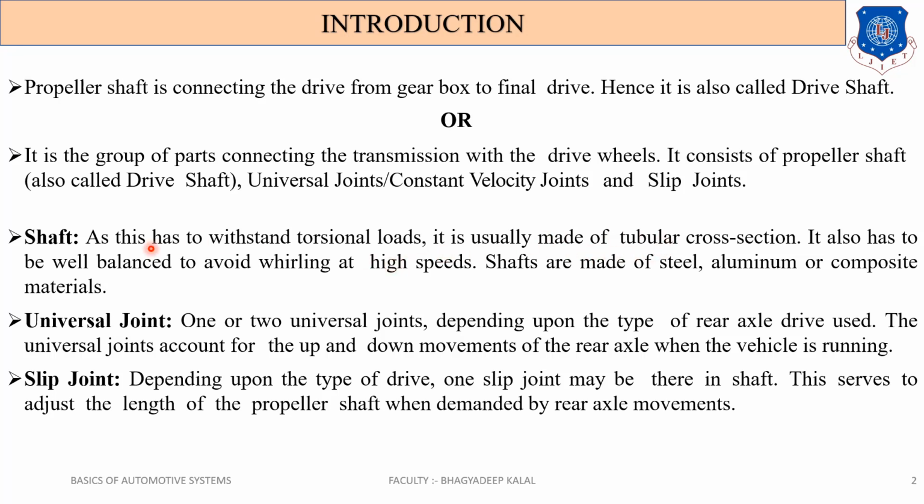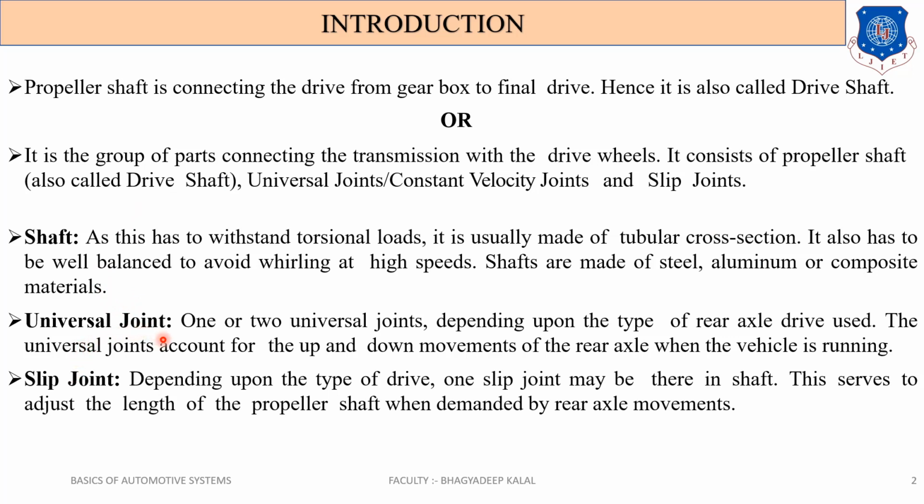It also has to be well balanced to avoid whirling at high speed. When the resonance speed of the shaft equals its natural speed, the whirling phenomenon occurs, and the shaft may break, which is very harmful for the vehicle. Shafts are made of steel, aluminum, and composite material.